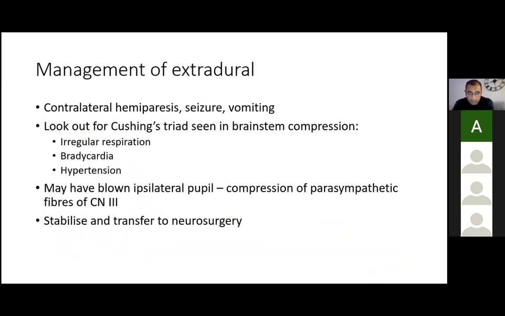And the management of the extradural hematoma: you get symptoms of hemiparesis, seizures, vomiting, Cushing's triad, which is quite late in the disease, and a blown pupil. You need to stabilize the patient and transfer them to neurosurgery for definitive management, which might be a burr hole to drain out the extradural.